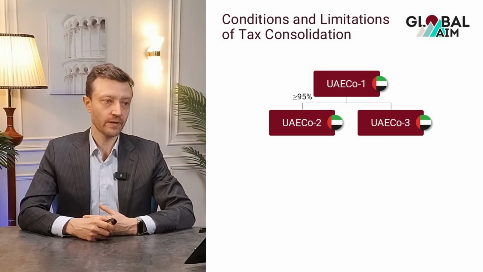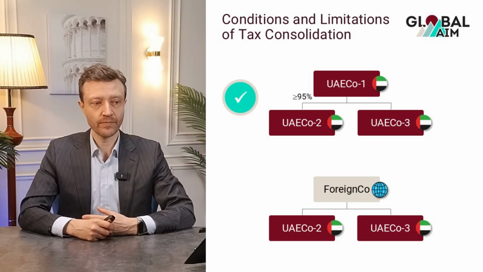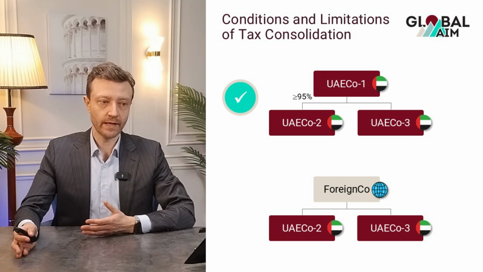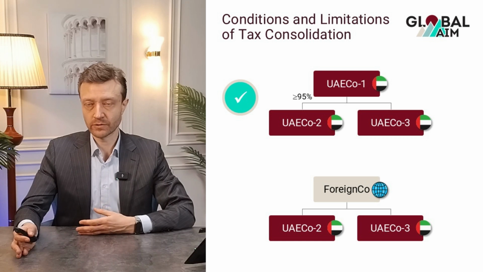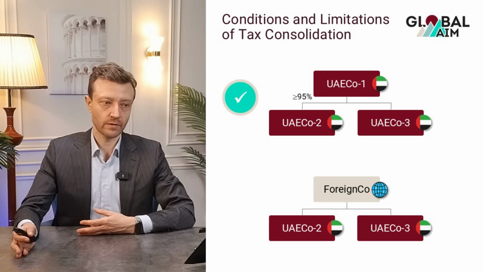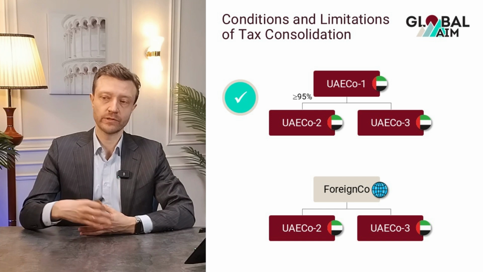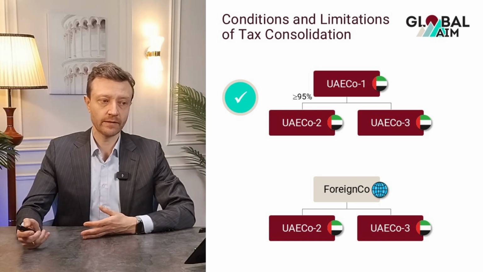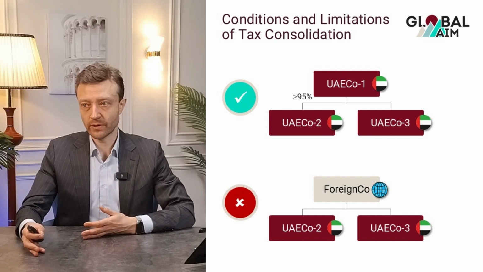This is also possible. But if two companies in the United Arab Emirates are owned by a company which is not a company in the United Arab Emirates, there is no domestic parent company in the United Arab Emirates, then they are not able to join the tax group.